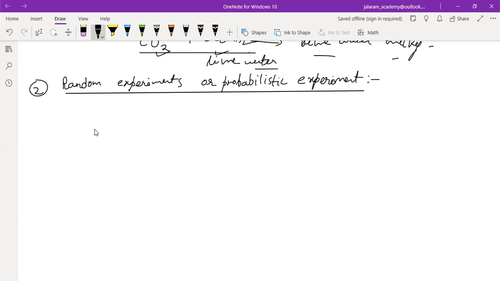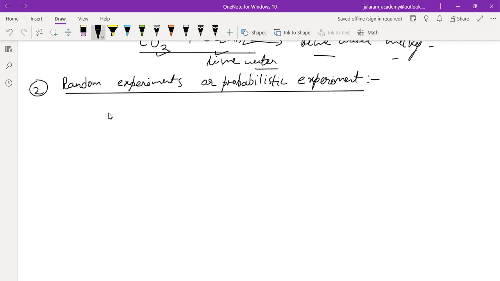Have you written the definition? The experiment which results in two or more possible, or probable, outcomes.